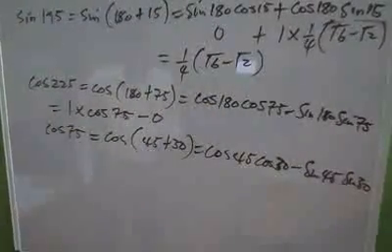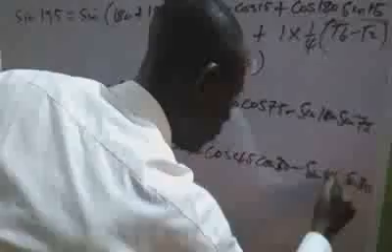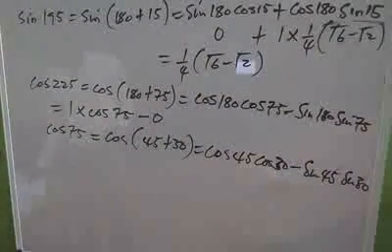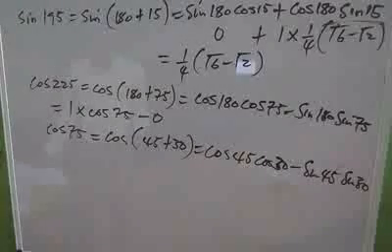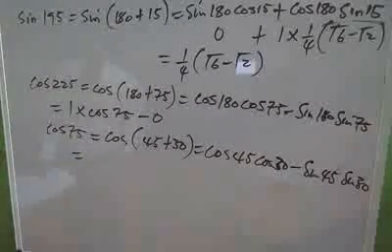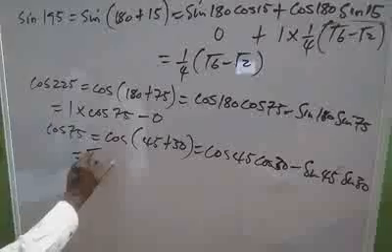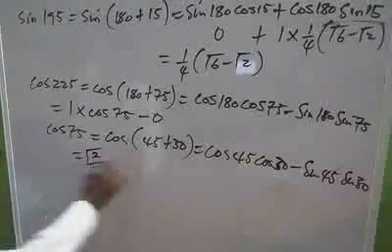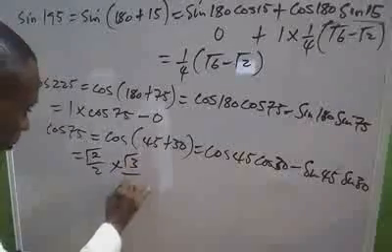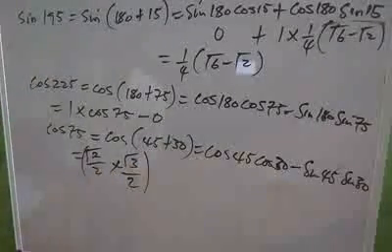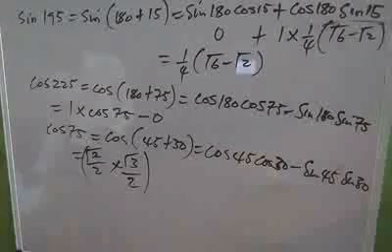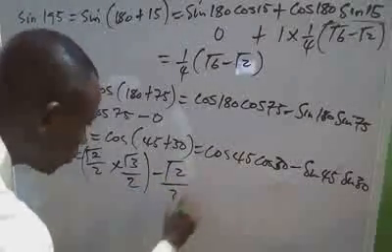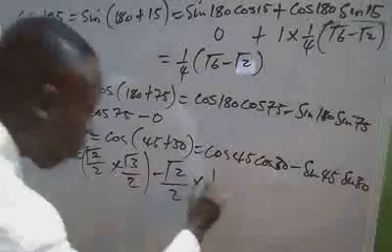If we simplify that, this is root 2 over 2 times root 3 over 2, minus root 2 over 2 times 1 over 2.